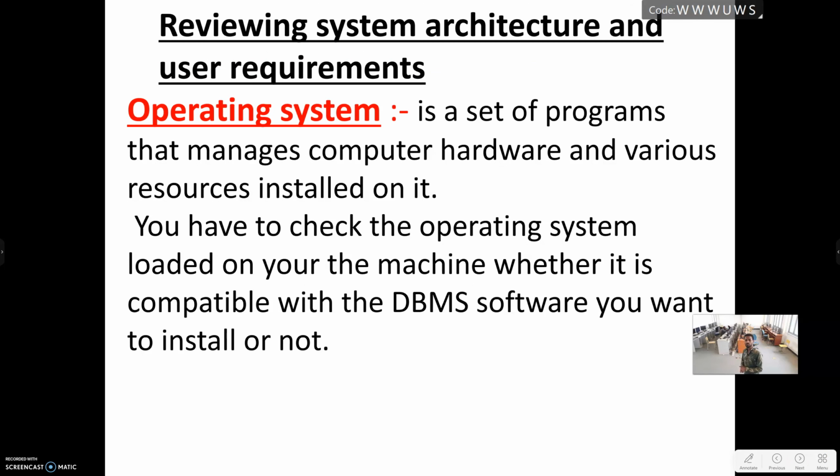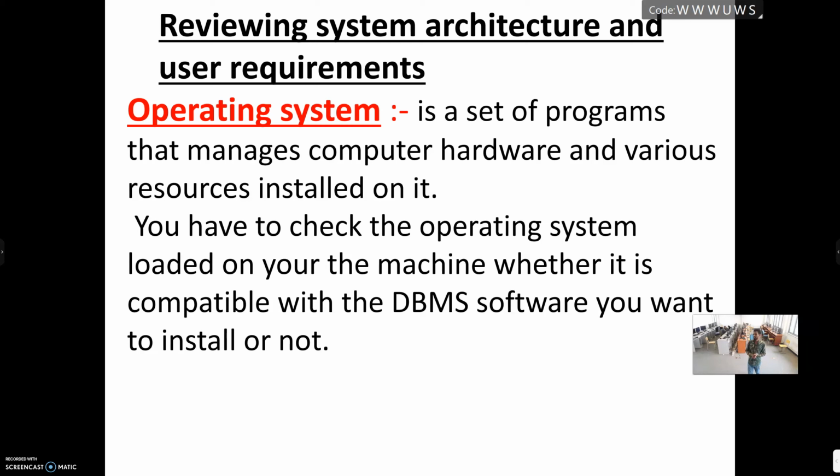The next portion is reviewing system architecture and user requirements. Most of the time, database systems can simply be reviewed on architectures and requirements. The requirements cover hardware, software, and functional and non-functional requirements. The first requirement is the operating system.